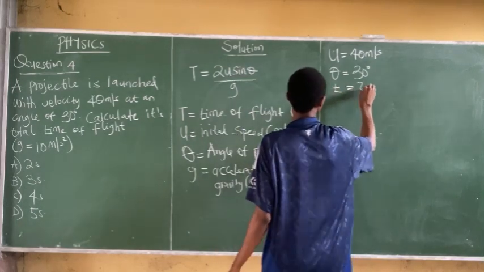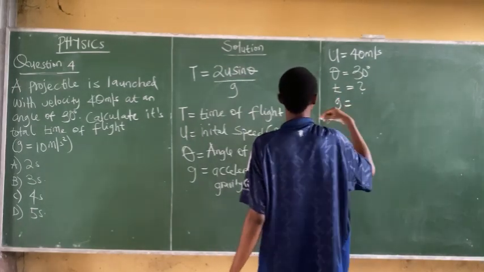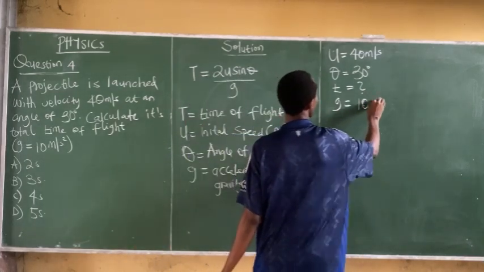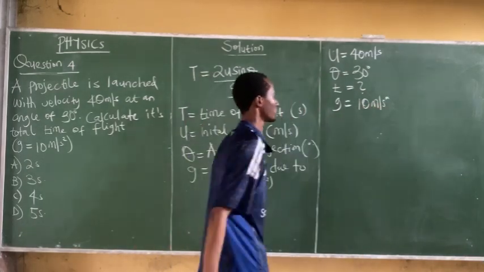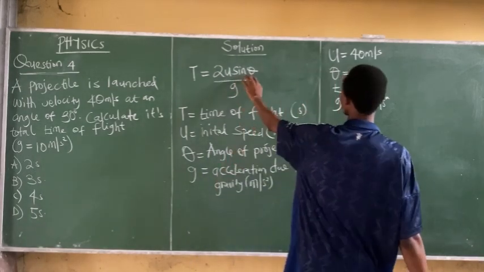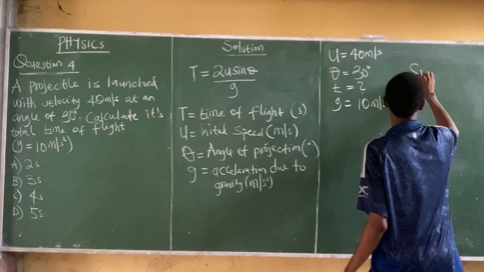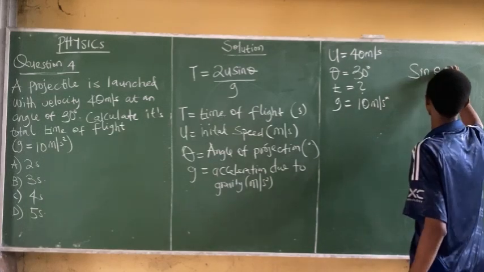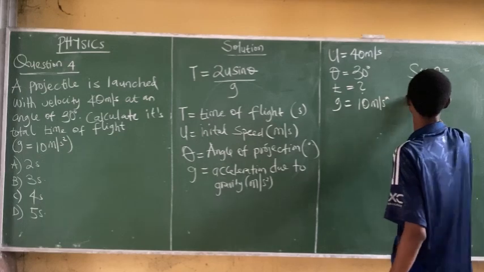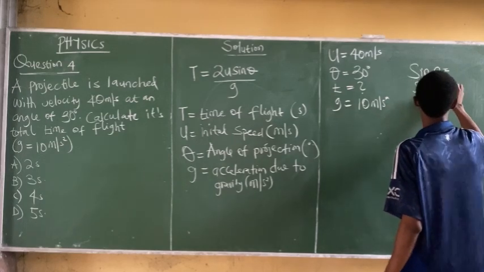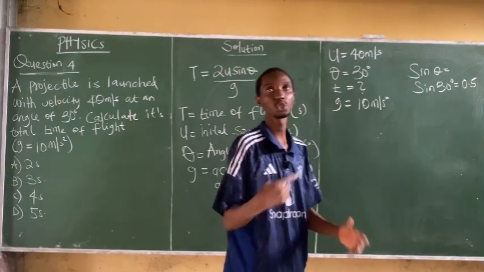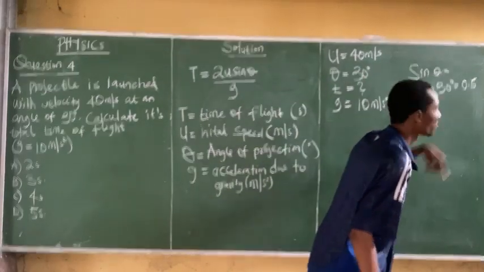T is unknown, but they gave us g, acceleration due to gravity, to be 10 meters per second squared. Sine theta is sine 30 degrees, which is 0.5. If you push it to your calculator you have 0.5.